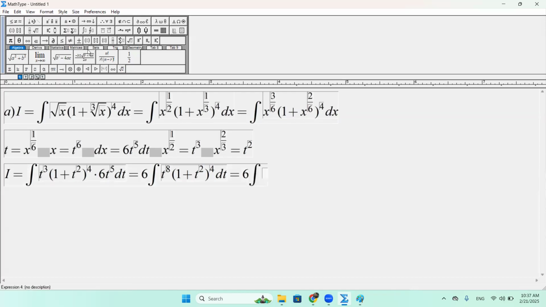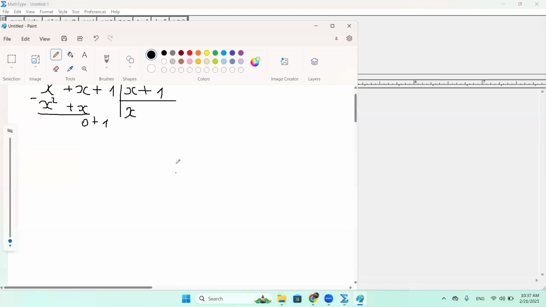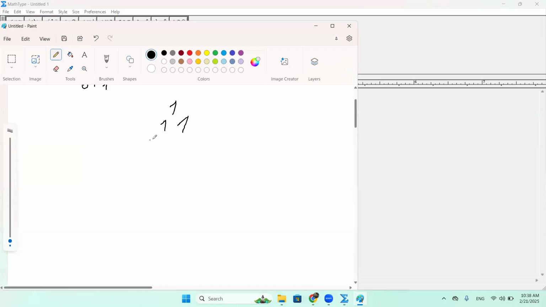So now let's do it. So t in power of 8. And by the way, to find coefficients, let's use the Pascal triangle. I guess you know it from school, but let me remind you. So this is for power of 0, power of 1, power of 2.